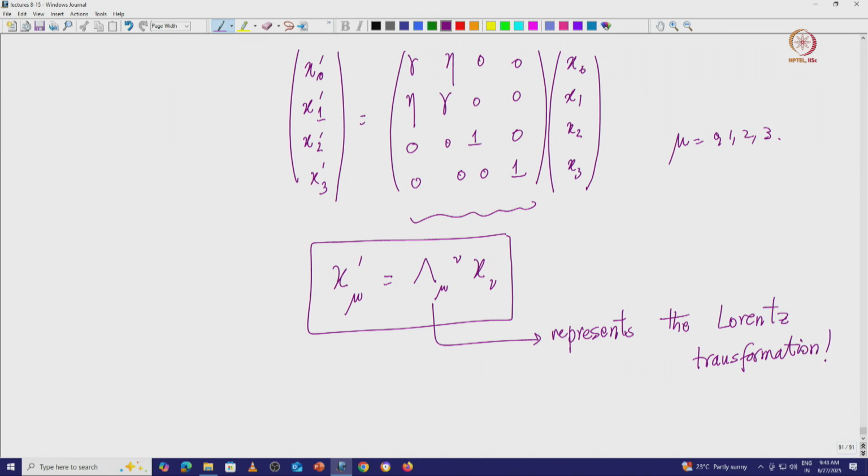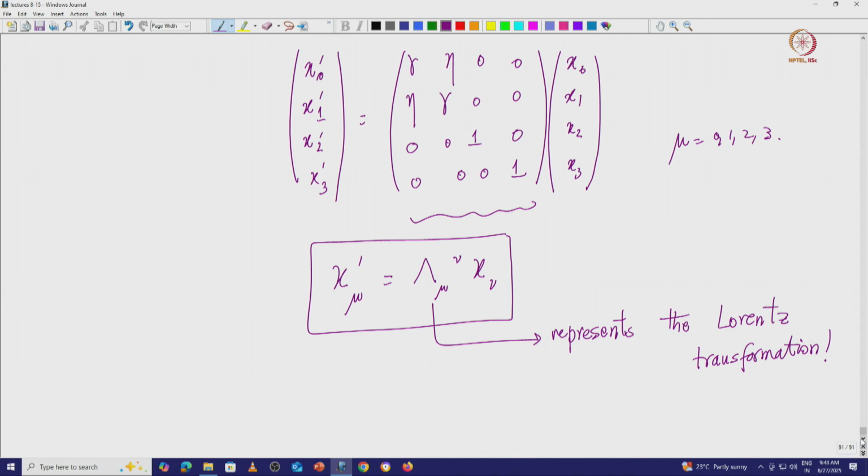That's the thing. Now this is obvious essentially. I just re-expressed this particular thing into this 4 vector format.